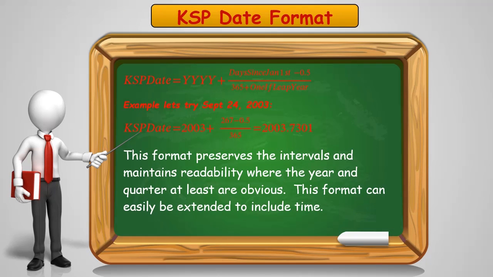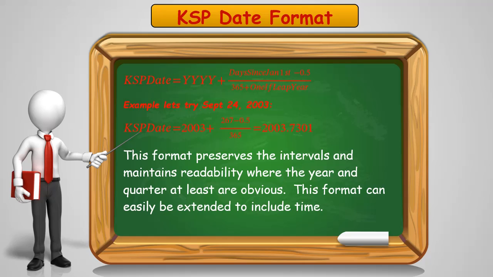One common solution is the KSP date format. What we do is we represent this as a year plus the number of days since January 1st minus 0.5, divided by 365, or 366 if it's a leap year. So let's try this as an example.